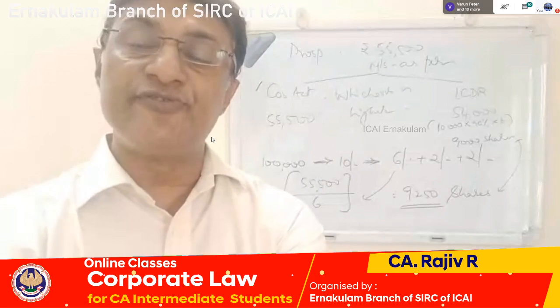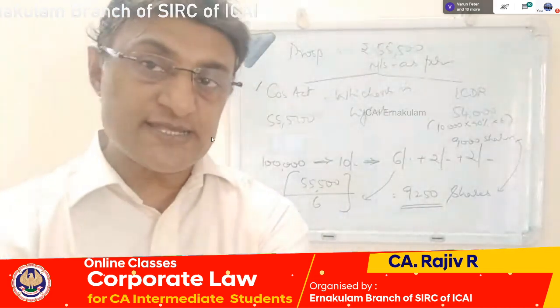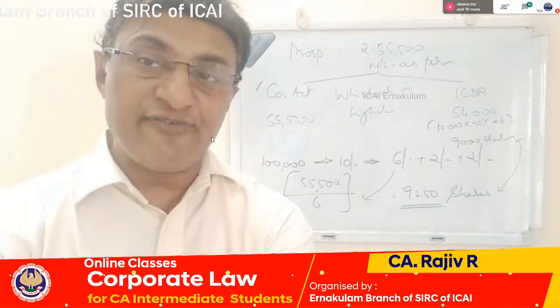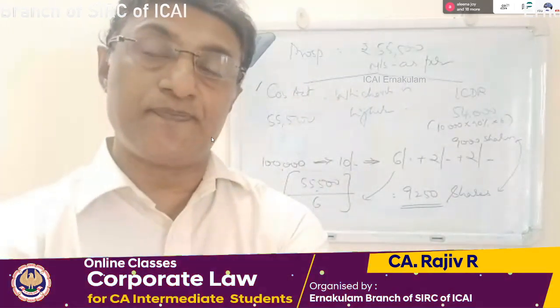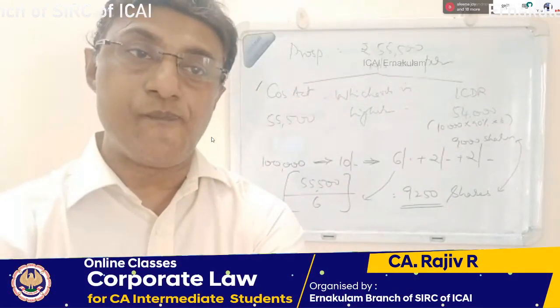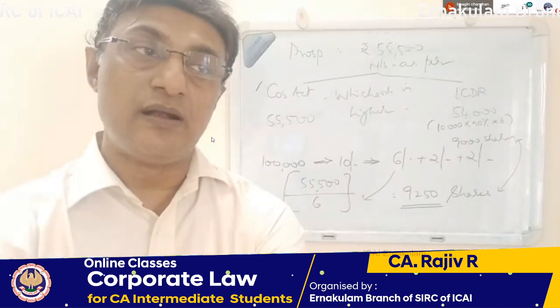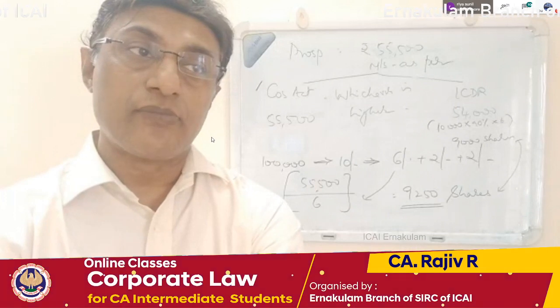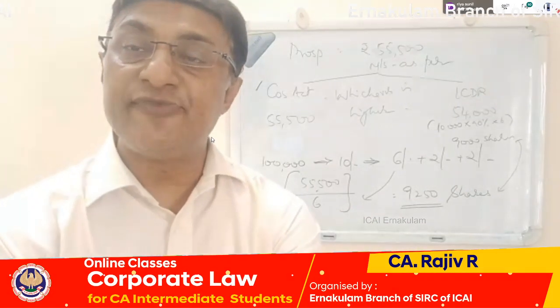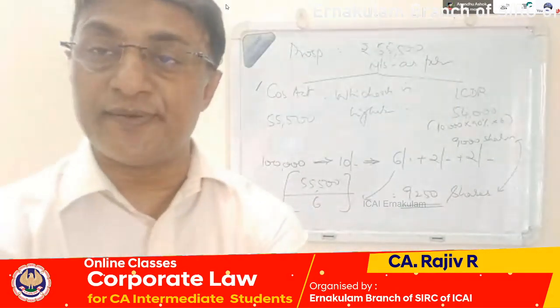Within brackets, 55,500 divided by 6 is 9,250.